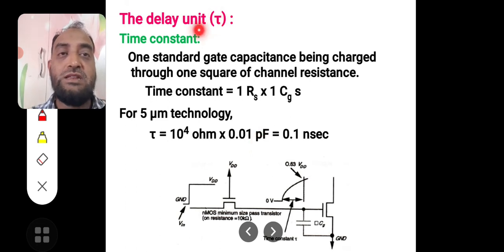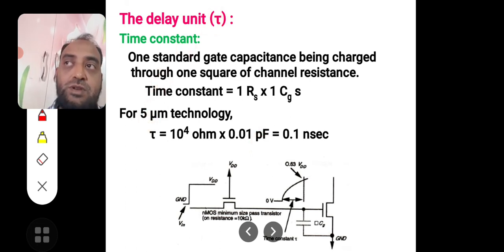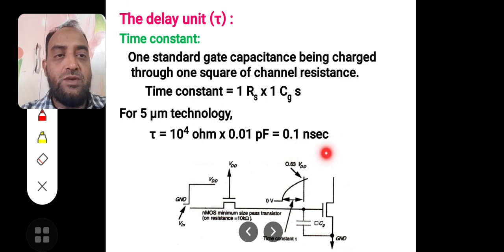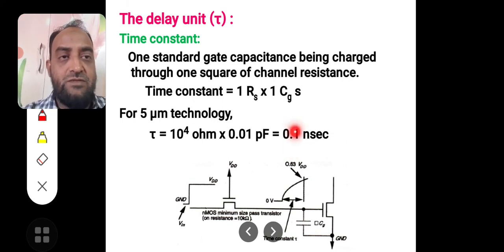Now this delay offered by a 5 micrometer technology with a minimum feature size transistor, that is, minimum feature size means 2 lambda by 2 lambda, L equal to W, introduces 0.1 nanoseconds, which is very small. You can see here the input is changed at time 0, let us say from 0 to 1.